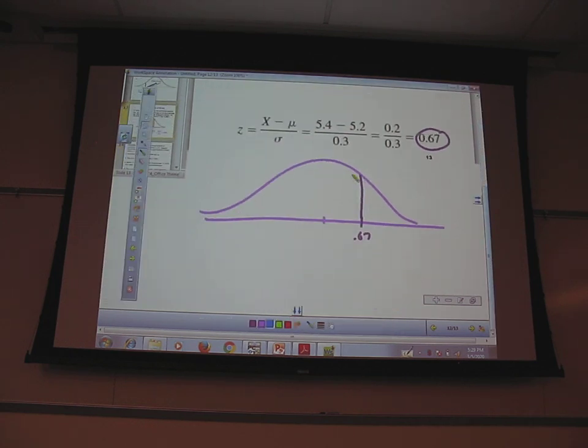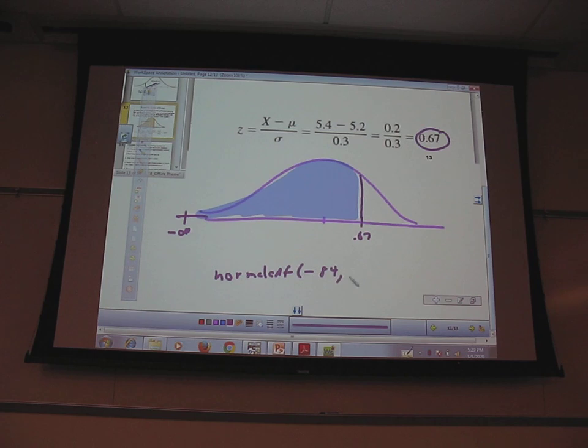Exactly, so we're going to shade on the left. Which means my other z-score is going to be way out here, negative infinity. So my last step will be normal CDF of some large negative number, negative 84, comma 0.67. And that should give you this area in there.